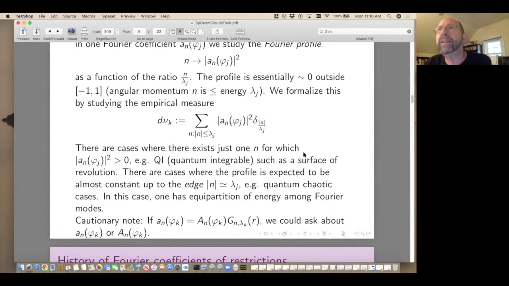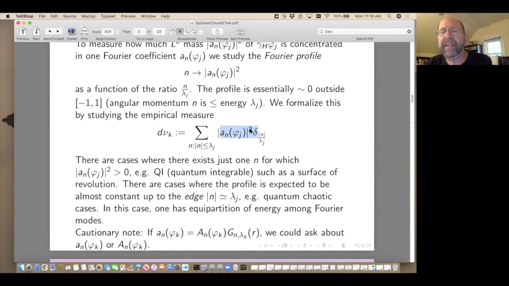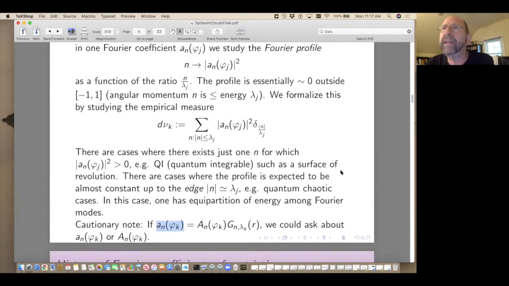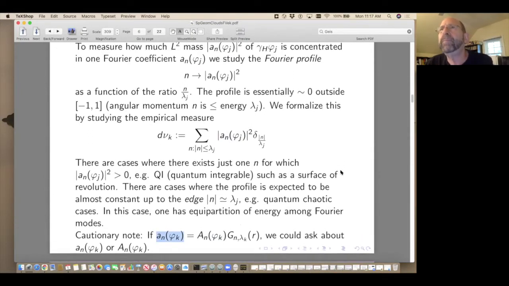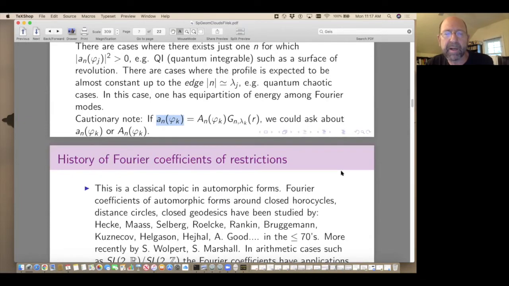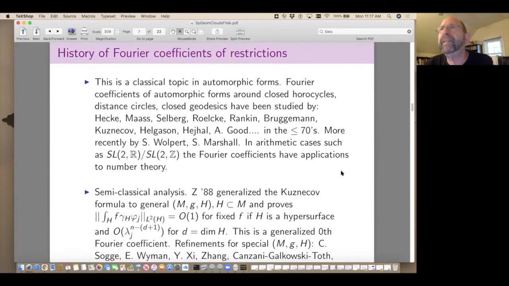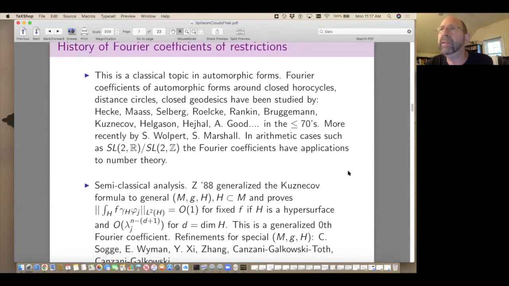On the other hand, in the quantum chaotic case, you would expect that these Fourier modes should be, roughly speaking, constant in the possible interval where n over lambda_j is between -1 and 1. But again, with that cautionary note that that may apply to the capital A_n's and not to these little a_n's. So that gives you some idea of what we're heading for, what would be a very long-term problem here.